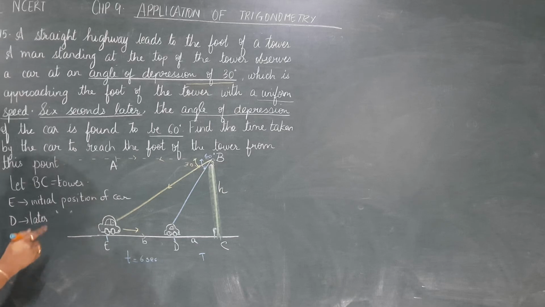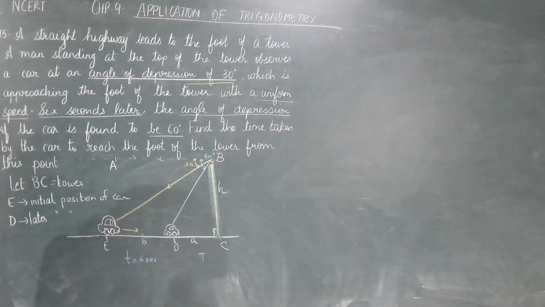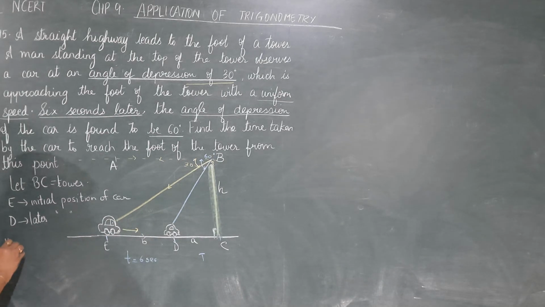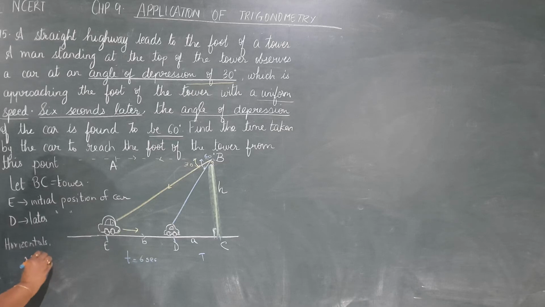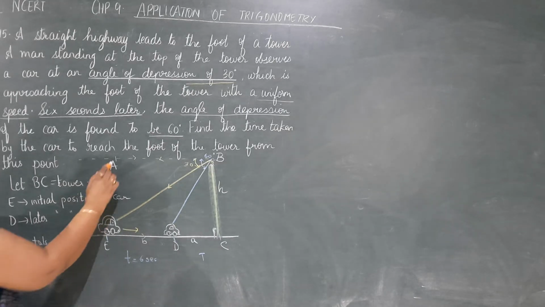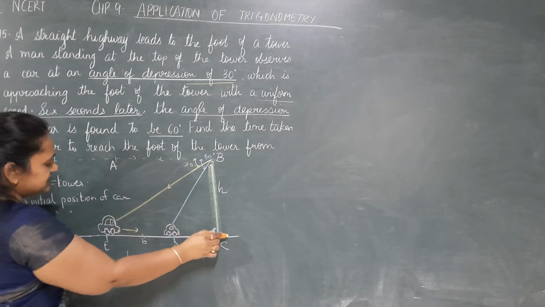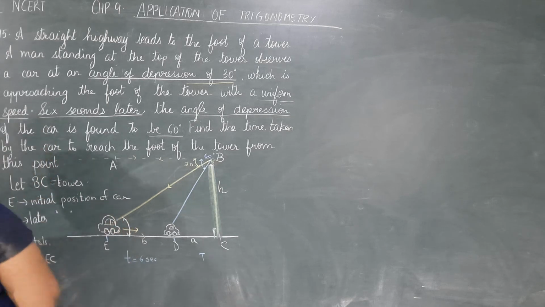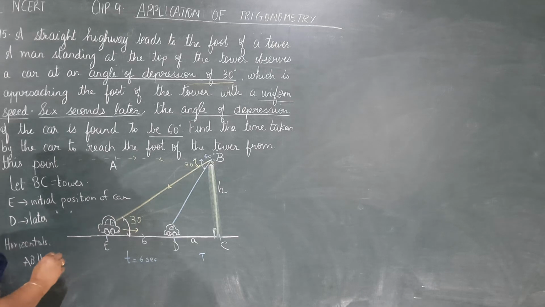We need to find out the time taken by the car to travel from point D to point C. We also know the horizontals. Yes, AB is parallel to EC. These two horizontals are parallel, right? Therefore, angle ABE would be the same as angle BEC, because they form alternate interior angles. This is 30, this is also 30.